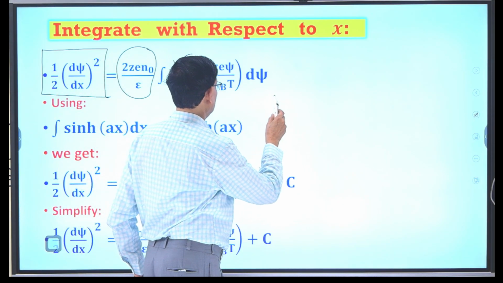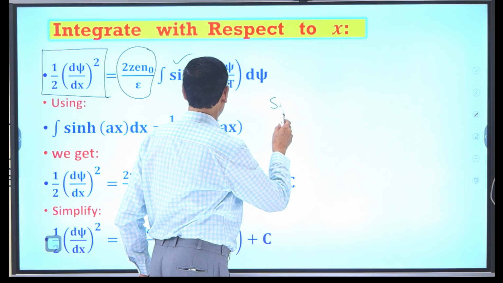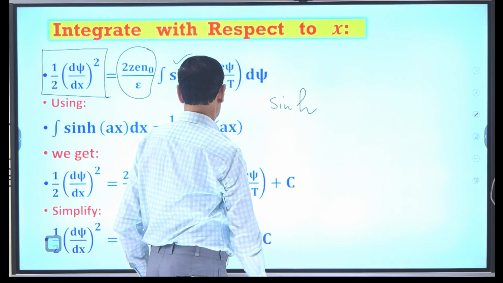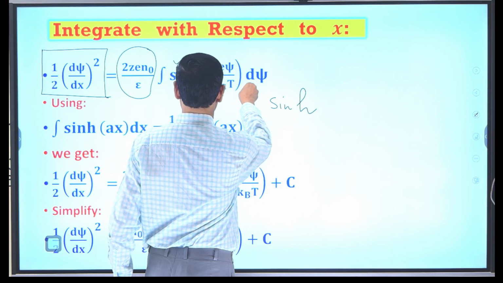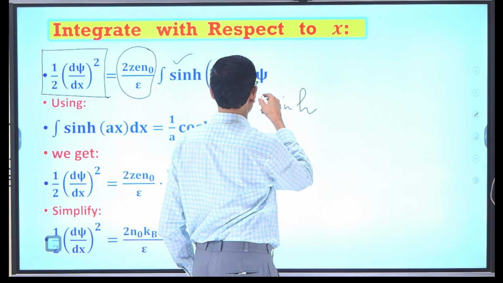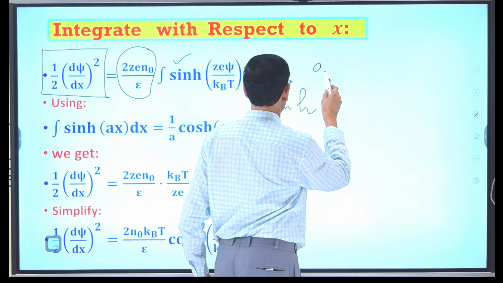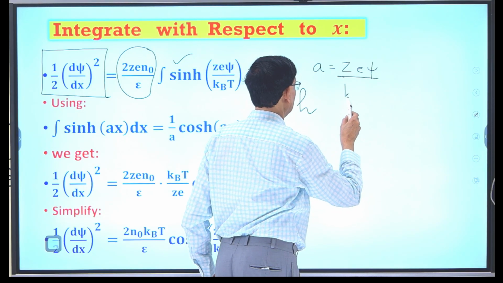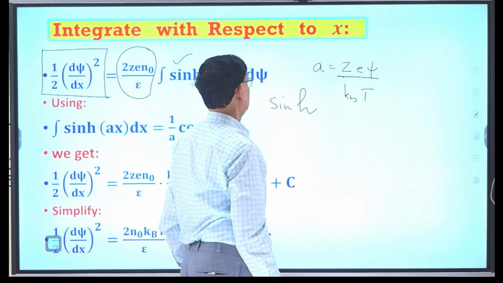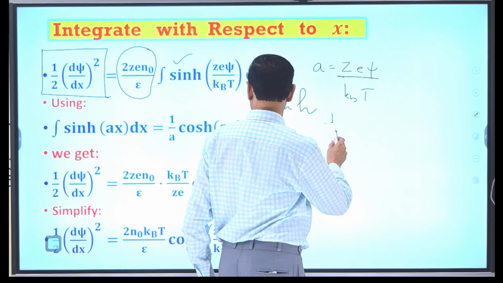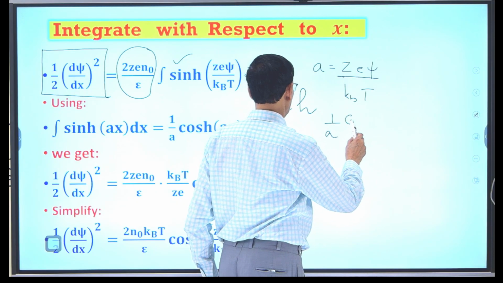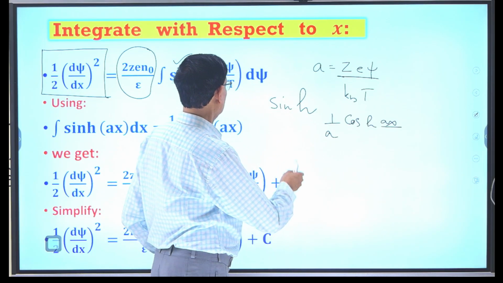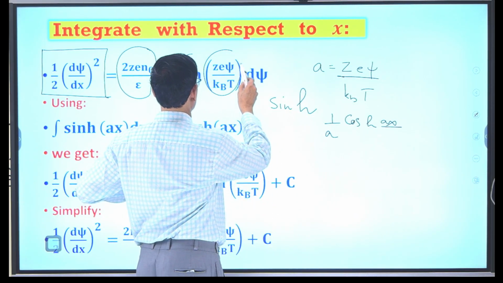Suppose this, हम इसको इंटीग्रेट करेंगे sin h, इसको हम लोग ax मान रहे हैं. a, that means a is equal to zeψ kbt. And you know that ये क्या होगा 1 by a cos ax, बिकॉज इसको हम ये माना ना x माने इसको.